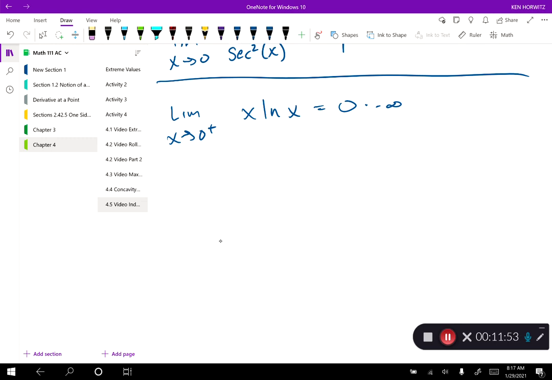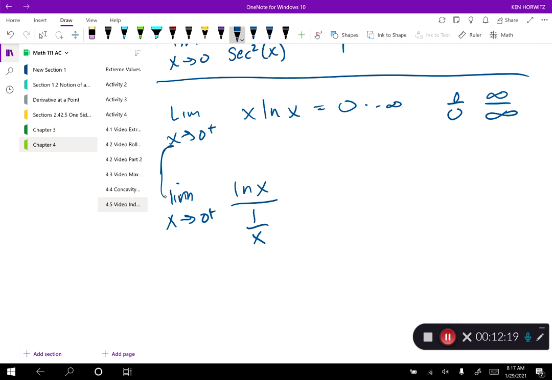Now, we want to get it in the form of 0 over 0 or infinity over infinity. So basically what we can do is rewrite this, and this is a little bit of trial and error. I can write ln x, that's not going to change. But if I divide it by 1 over x, aren't these two the same?